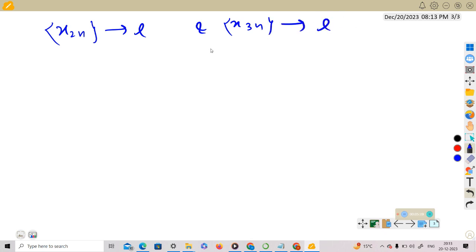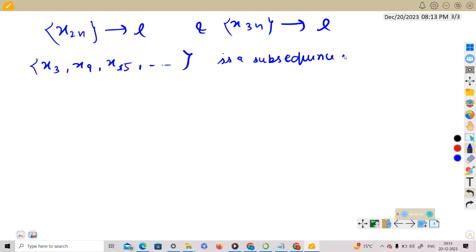Now consider x3, x9, x15 and so on. I'm taking the odd terms from here. This is a subsequence of x2n+1, all the odd terms.